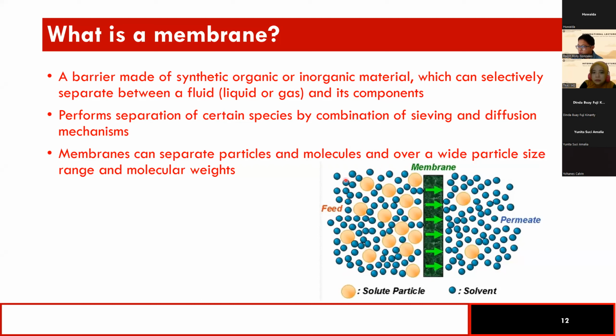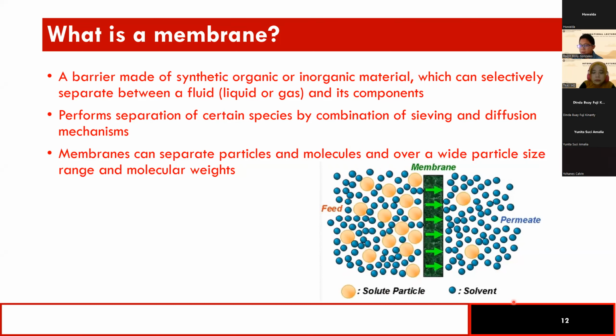And these blue circles constitute the fluid, which can either be liquid or gas. And these yellow circles are the components or the solute particles. And what the membrane does is this allows the solvent or the fluid to pass through and to remove most of the solute particles.